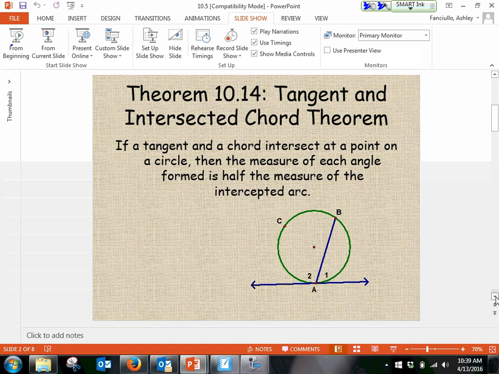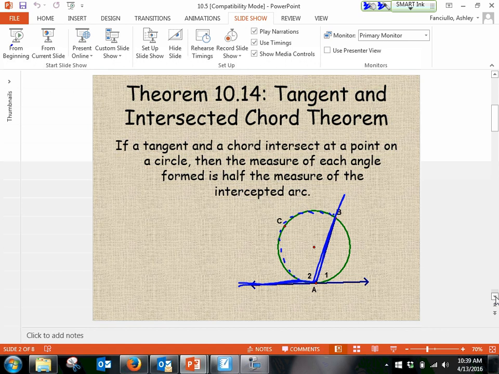The first one up is theorem 10.14, where a tangent and a chord are intersecting. If we want to look at angle 2, if I trace that, you're tracing part of the tangent and the chord. When I go to find angle 2, I look at that dotted arc and take half of that measure.